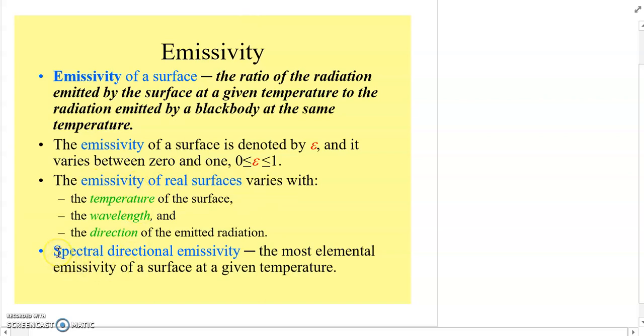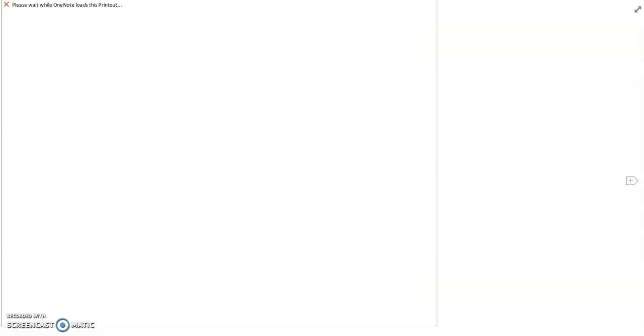Next, you also need to know about the spectral directional emissivity, which is the most elemental emissivity of a surface at a given temperature.